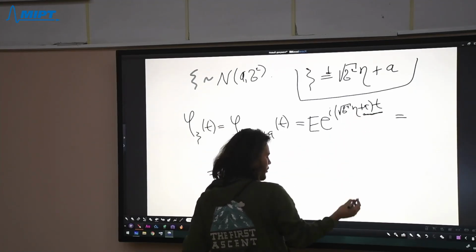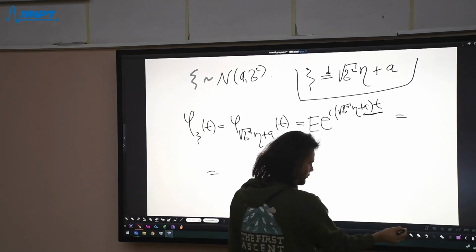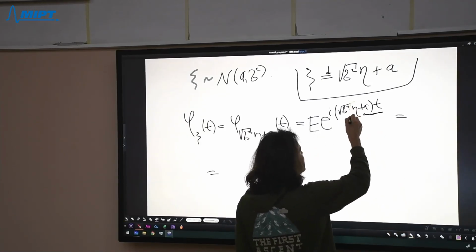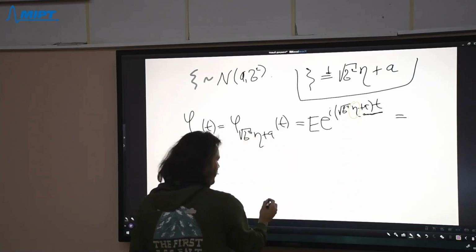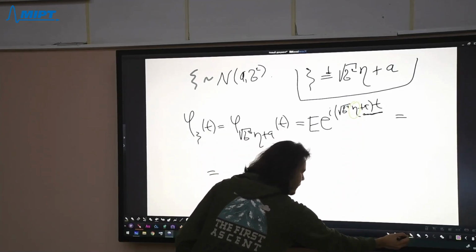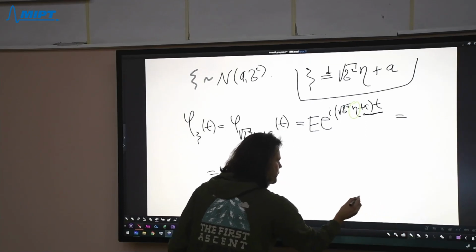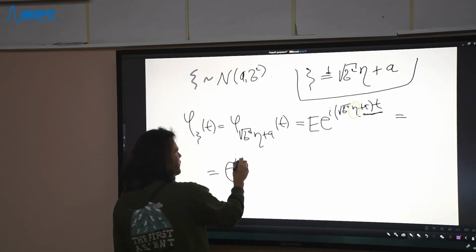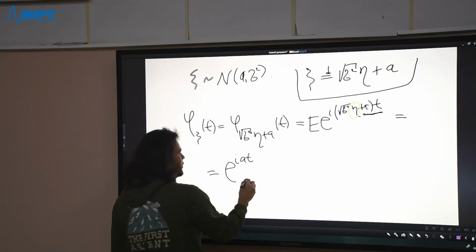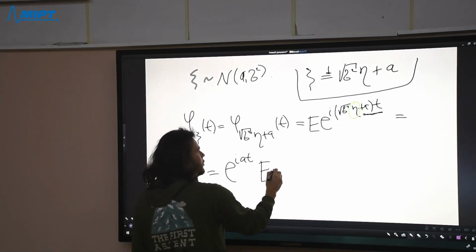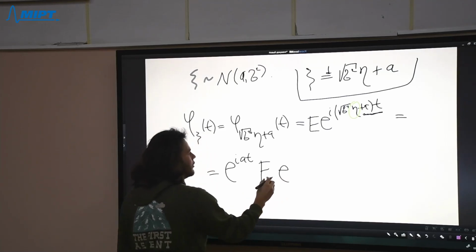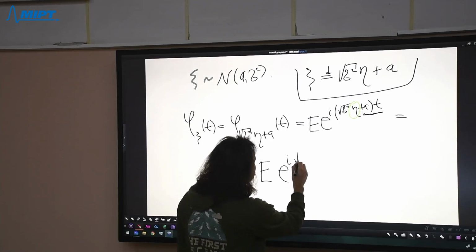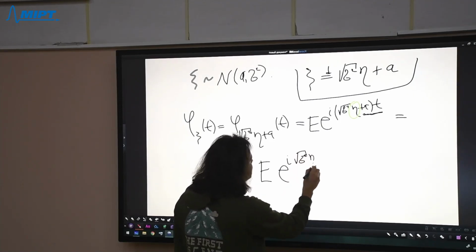The random variable is over here. This is the random variable eta. So I can do the following. This is just e to the I a t times the expected value of e to the I, the square root of sigma square eta t.